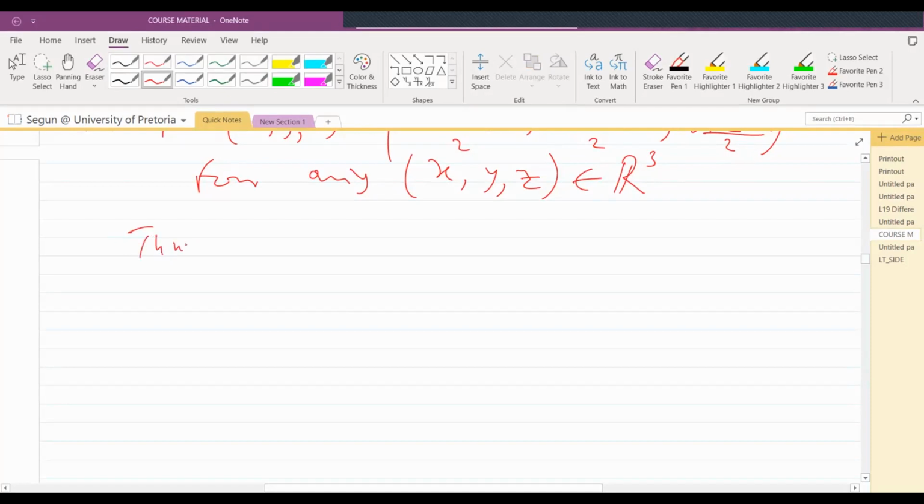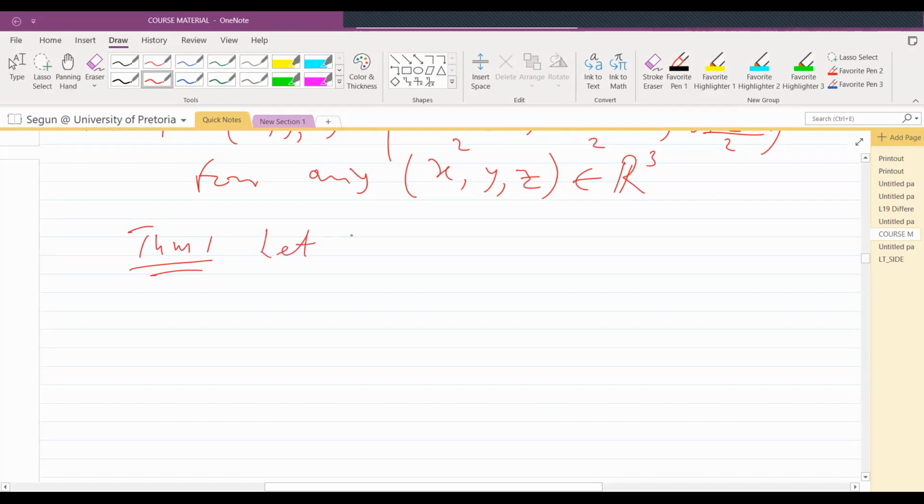Now let's look at this theorem. I can call this one theorem 1 or theorem 10 or anyhow. Let T: U to V be a linear transformation. Let me just use LT so that I won't be writing too much, so that some of us will not be complaining.